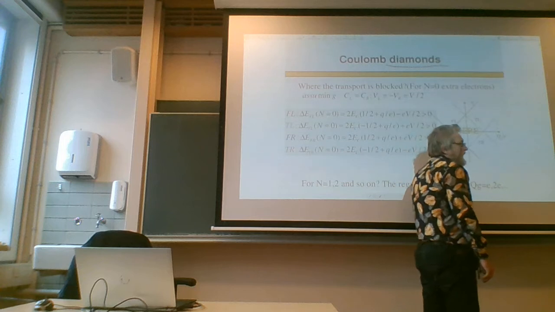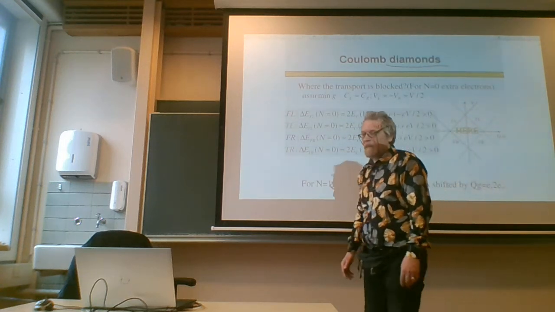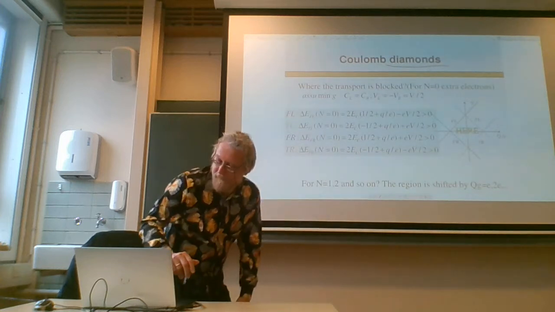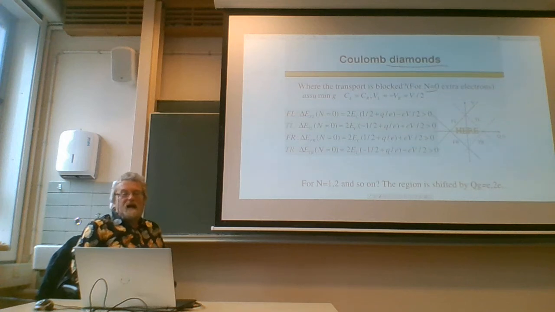Very good. What we are going to do is to take a certain n, for instance 0, and figure out at which conditions we have this Coulomb blockade.